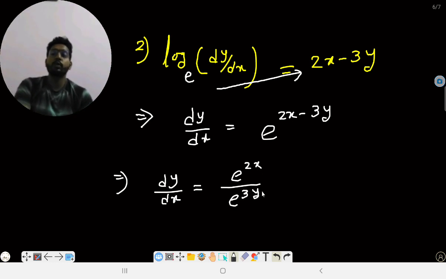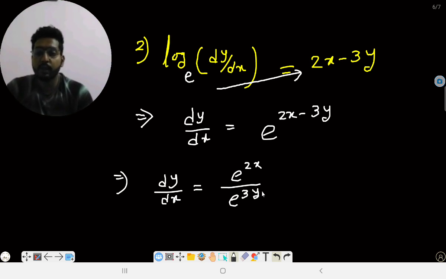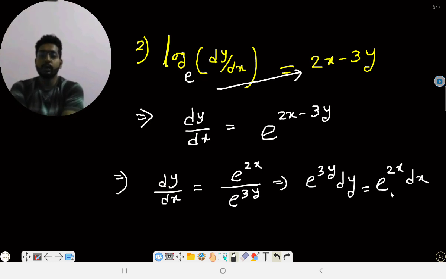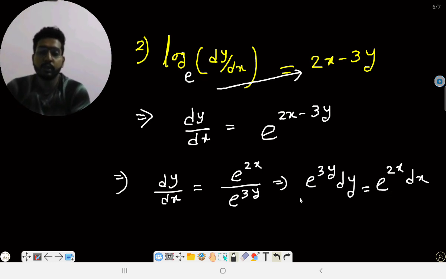Now which technique will we use here? It is very easy, we can just separate this one. That means dy will be multiplied with e to the power 3y. If you separate this one, that will become e to the power 3y dy equals e to the power 2x dx. Only separation will be easy here. So here we just separate this one.